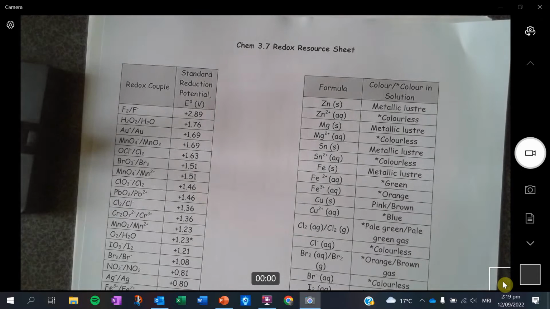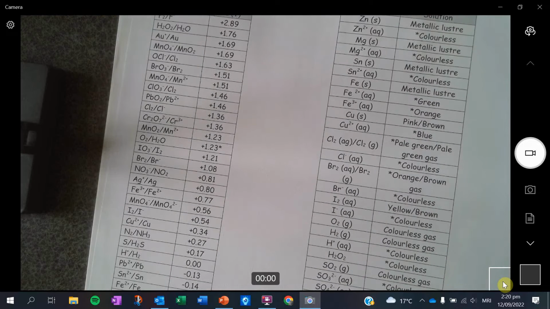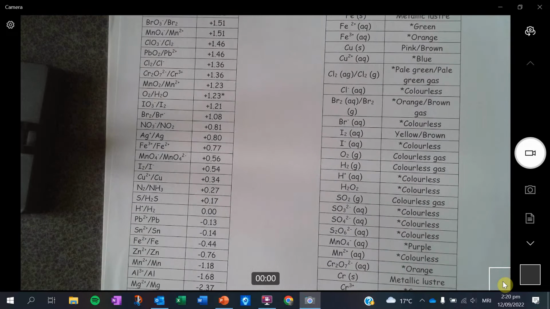Okay. So what you're going to do is look on this sheet for the two things that are in that galvanic cell. So I'm looking at the pairing. The first pairing I'm looking for is iron and iron 2. So the metal iron with the iron 2, which I can find here.